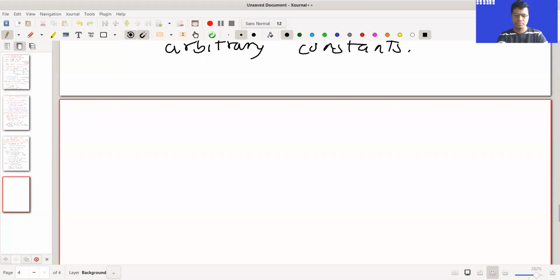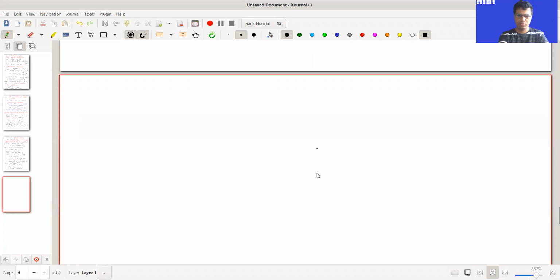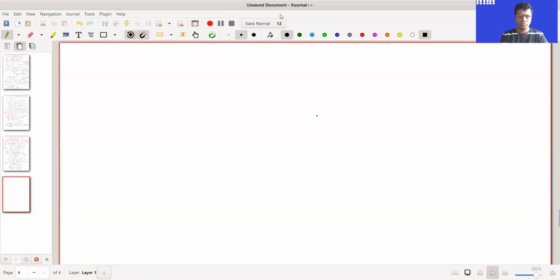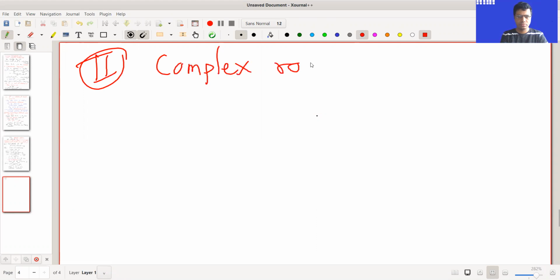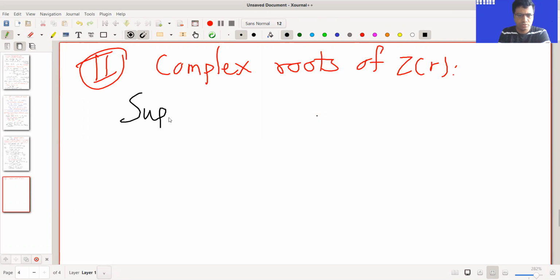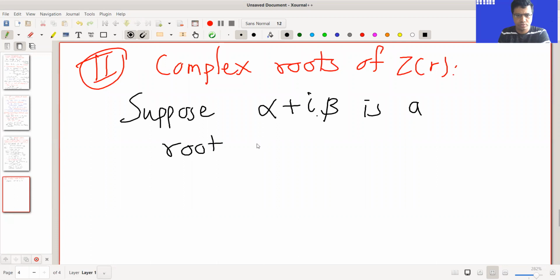Now we discuss complex roots of the characteristic polynomial. Second case, suppose alpha plus I beta is a root of the characteristic polynomial z of r.